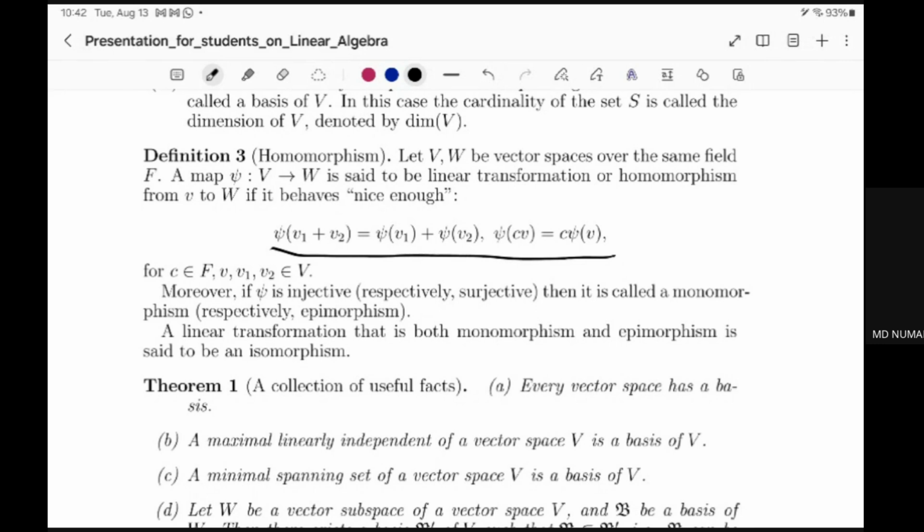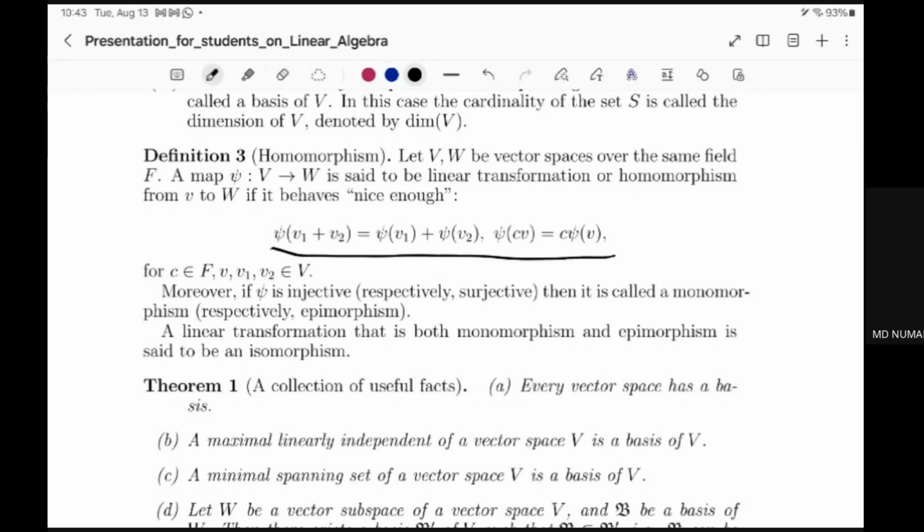Like this: if you add up two vectors, v1 and v2, taken from big V, and then apply psi to it, then that is the same thing as applying psi to v1 and v2 first and then adding them up.